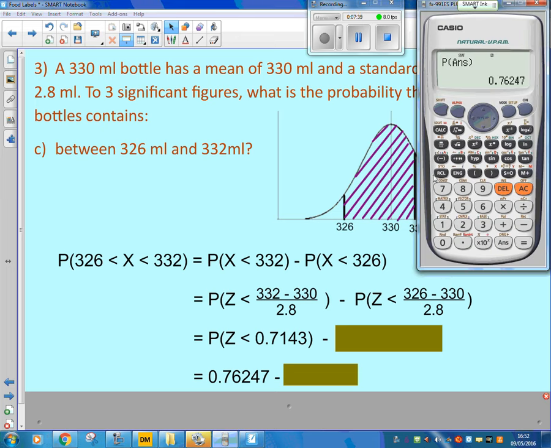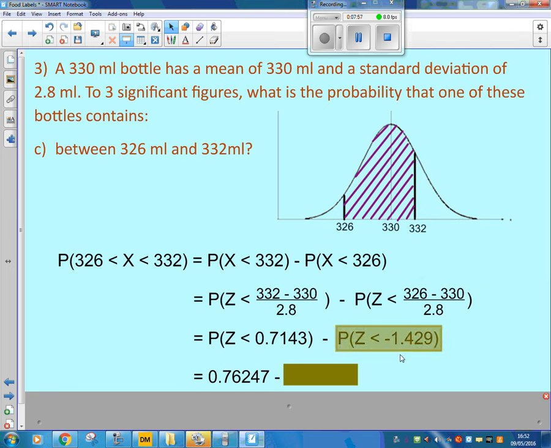Now I do the same thing here. So I go back to the start and I do open brackets, but this time it's 326 minus 330, close the brackets, divide by 2.8 equals, so that's minus 1.4286. Let's see what I've got. Minus 1.429, I've rounded it to there. But it doesn't matter if I've rounded it, because I'm now going to do P of that.